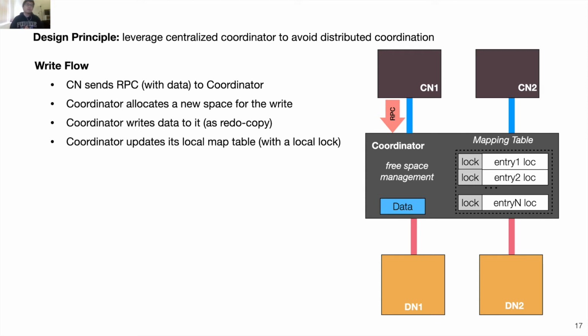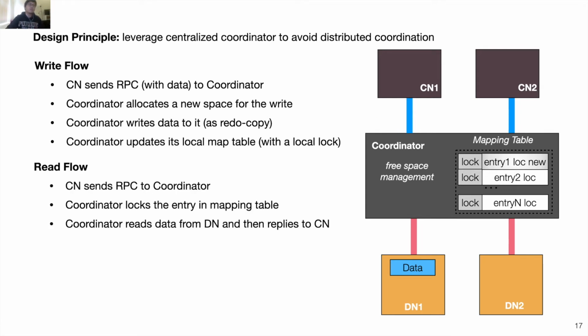After receiving a write request, the coordinator allocates a new space for it. We perform out-of-place writes for crash recovery. The coordinator then writes the new data to this new space. Then, the coordinator locks the corresponding entry in its local mapping table, updates the pointer to the new location, and releases the lock. Finally, the coordinator replies to the CN's write RPC request.